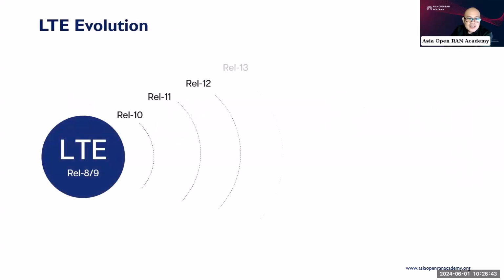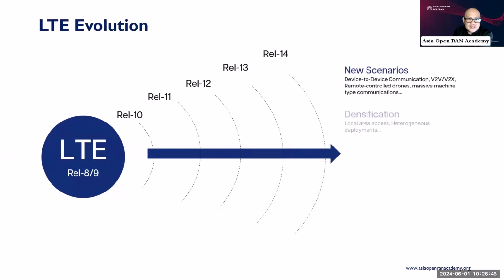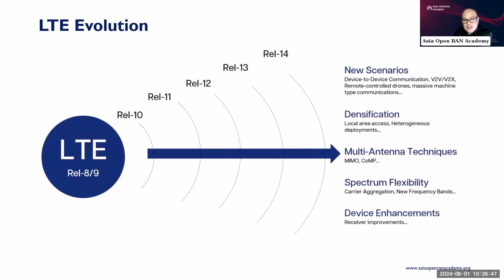So we have LTE release 8, 9, 10, 11, 12. So it has introduced a lot of scenarios. So there are device-to-device communication, V2V, no? Or V2X, remote control drones, massive machine type communications, yung mga IoT natin, narrowband IoTs nandyan.